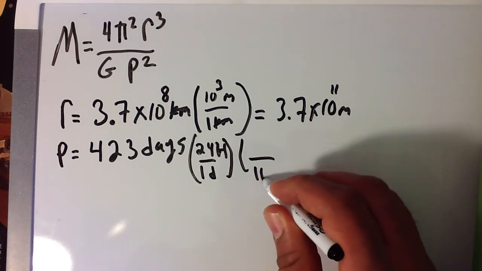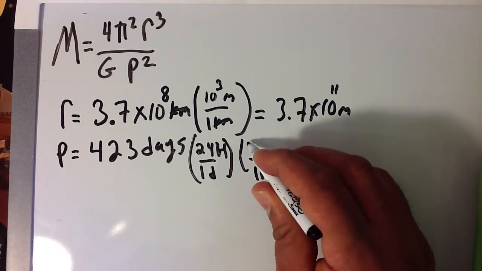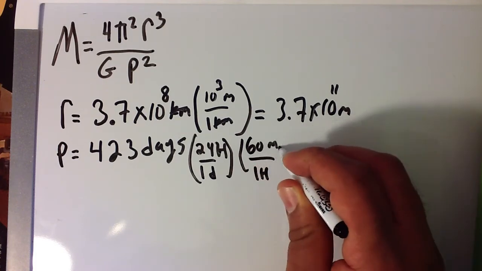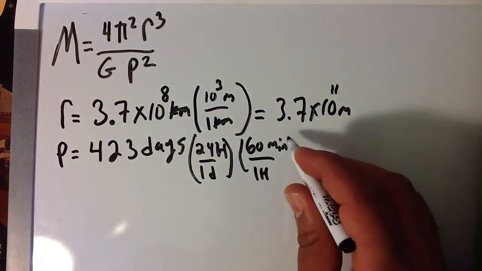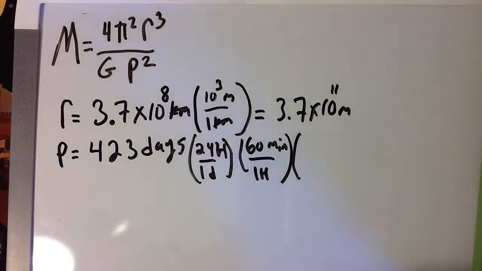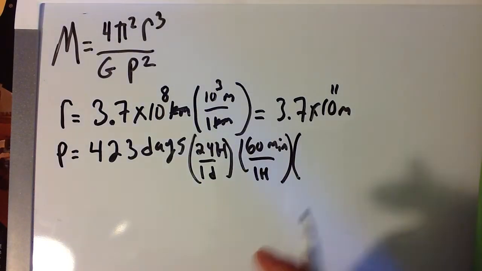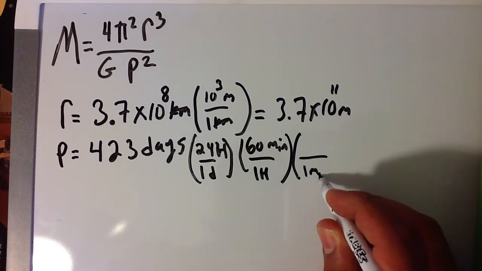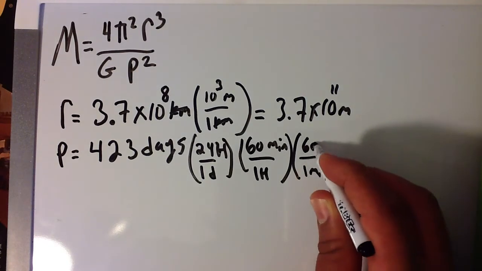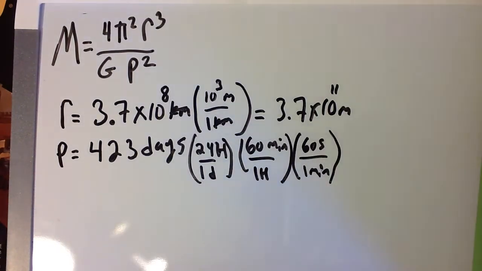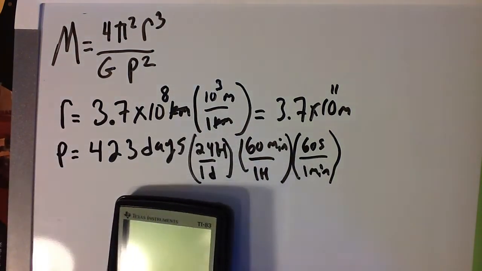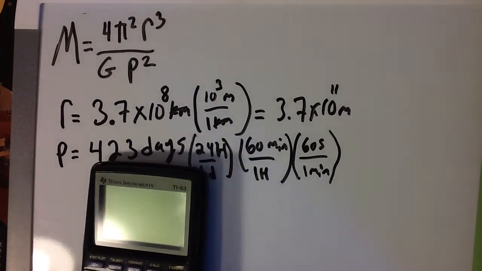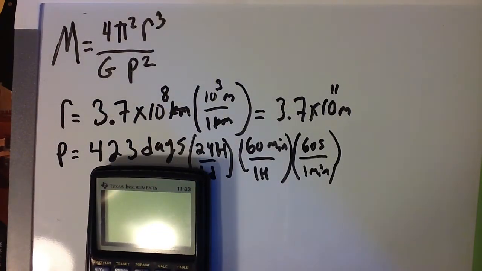And we know that in 1 hour, there's of course 60 minutes. And remember, we use min for minutes. M by itself is reserved for meters. Okay, and then we know that in 1 minute, there's 60 seconds. So this one we will need the calculator to do the calculation of seconds.